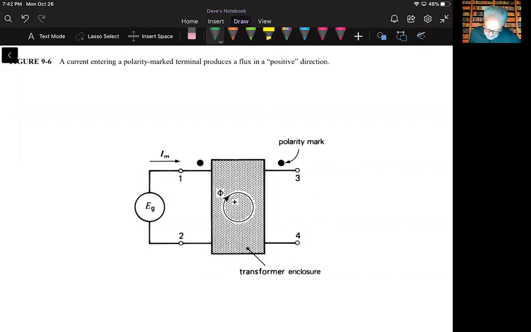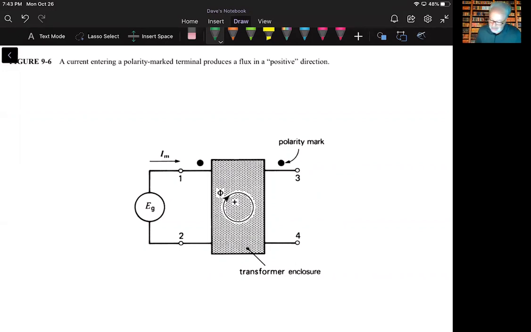So there are some rules that we're going to go through, the basic rules that apply to these polarity marks. The first rule says that a current entering a polarity mark terminal produces a magnetomotive force that acts in a positive direction.